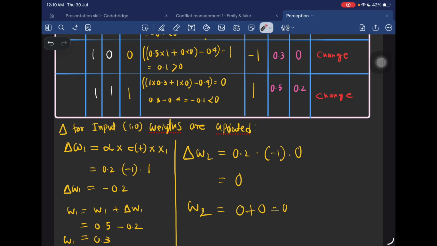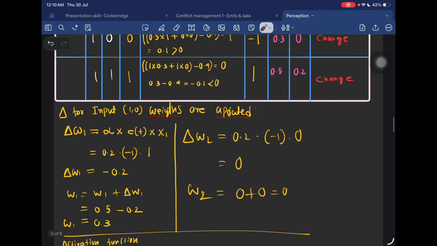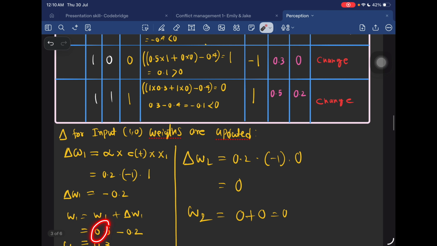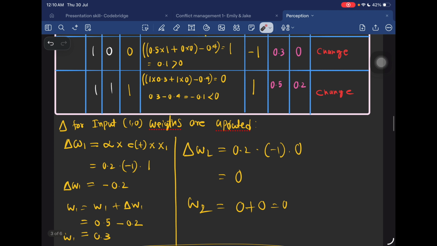Okay, so delta W1 comes to minus 0.2, and we update W1 with the old value of W1 plus delta W1. The old value of W1 is obviously 0.5, so we write 0.5 plus minus 0.2, and our new W1 weight comes to 0.3.